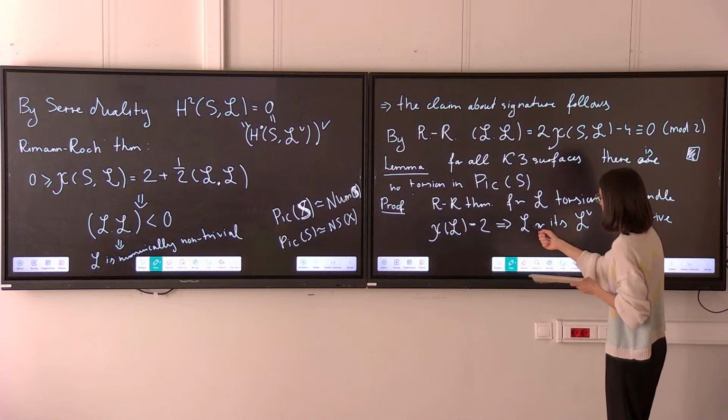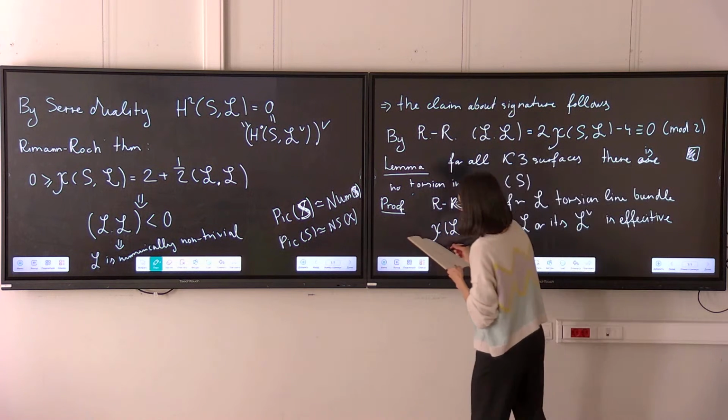So there is a global section of L or its dual.